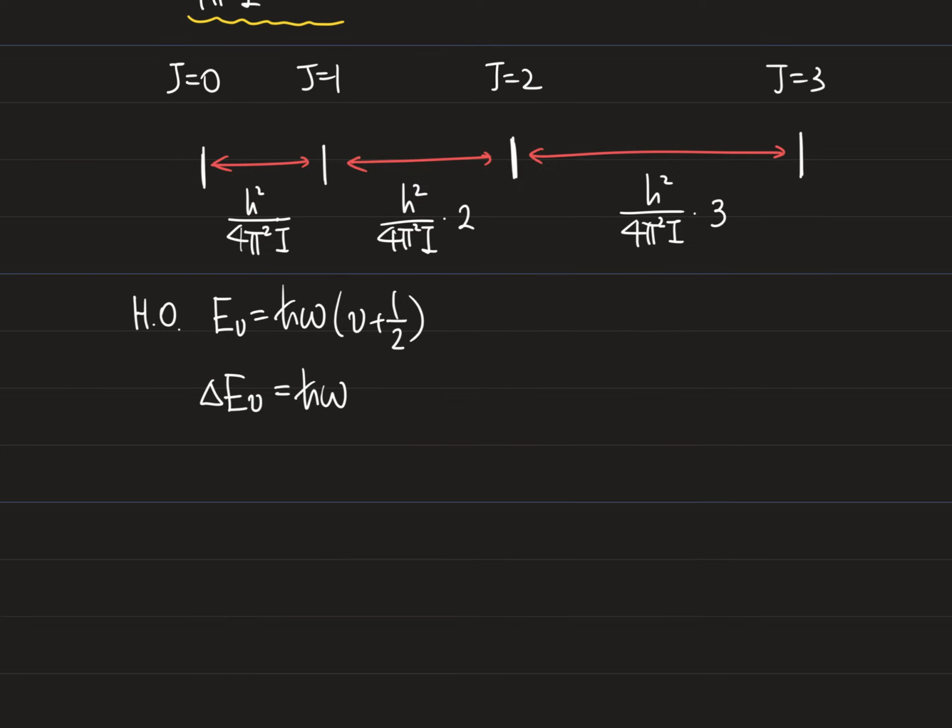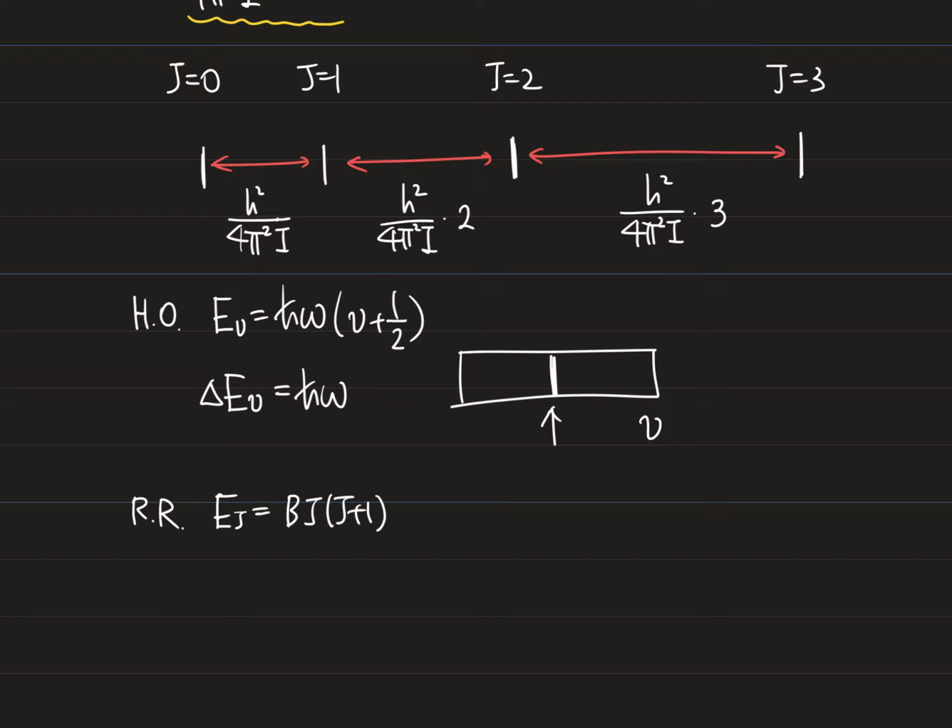So in the harmonic oscillator, you will have only one peak along the frequency, like here. But what about the rigid rotator? The energy level E_J is B multiplied by J and J plus 1, and delta E_J is 2B(J plus 1), sorry.